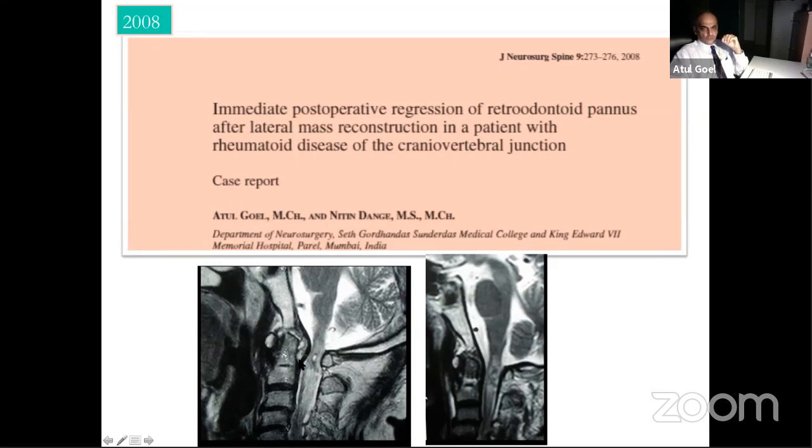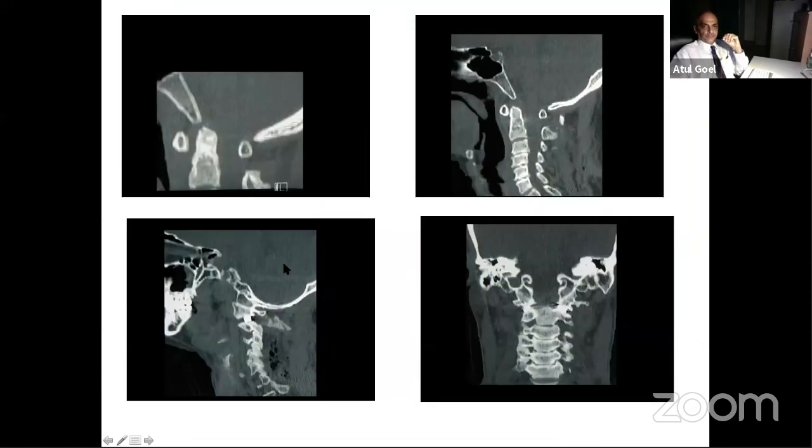So we introduced the concept that this pannus is secondary to buckling of the posterior longitudinal ligament due to vertical instability of the atlantoaxial joint. So this is the unstable joint. So we introduced an intra-articular spacer. So we distracted it and brought it back into shape.